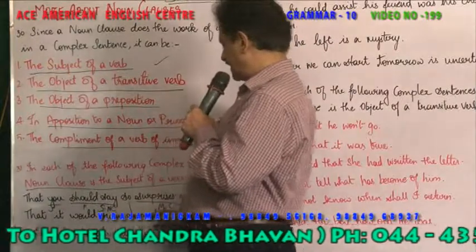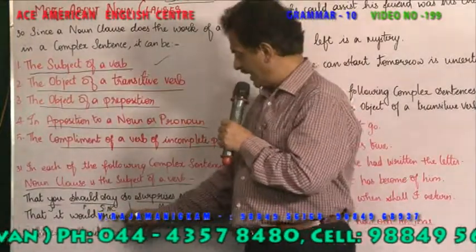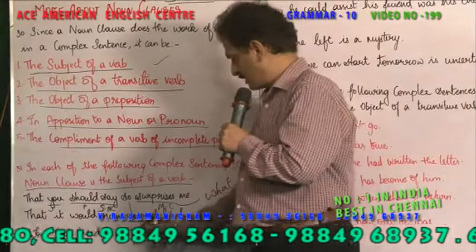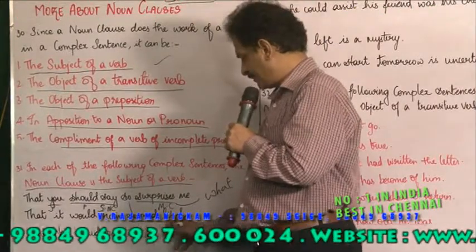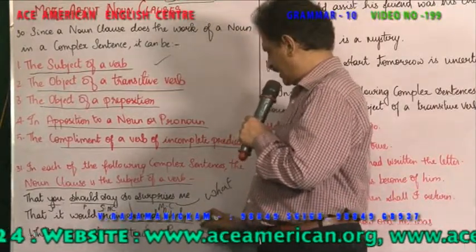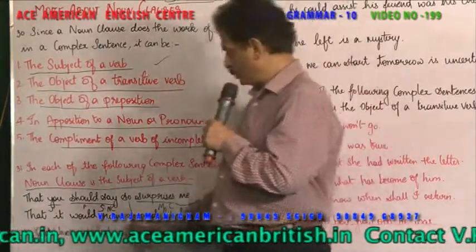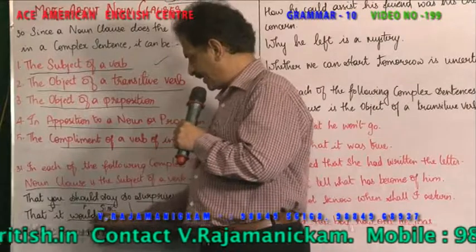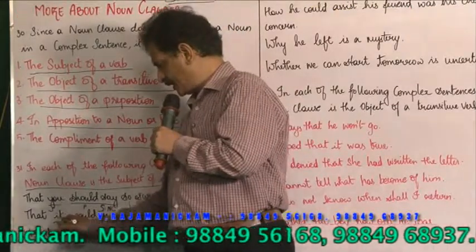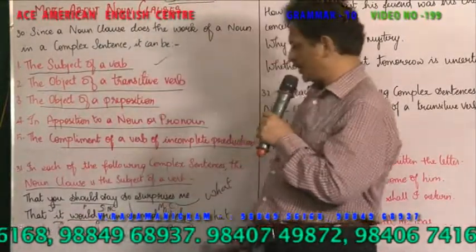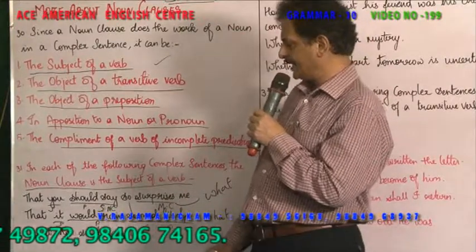"That it would rain seemed likely." "Seemed likely" is the main sentence. You have a subject and a verb, predicate. Seemed likely. What seemed likely? That it would rain. So "would rain" is the verb's predicate, and it is the subject. So you ask a question to "seemed likely": what seemed likely?